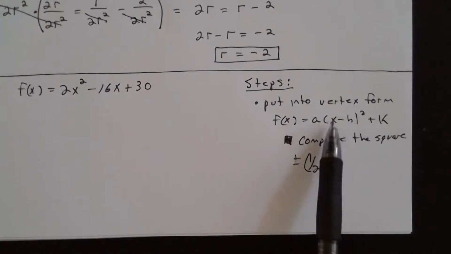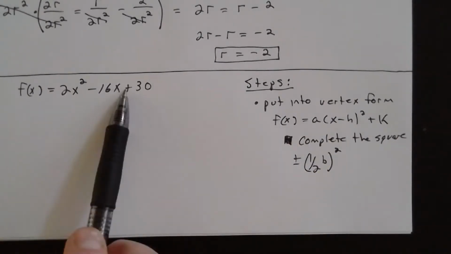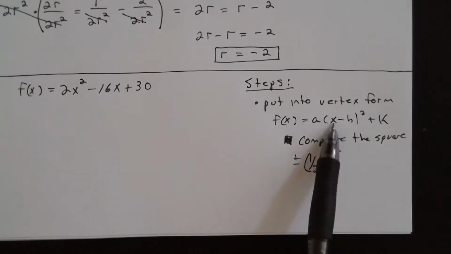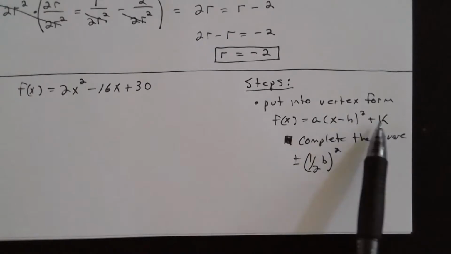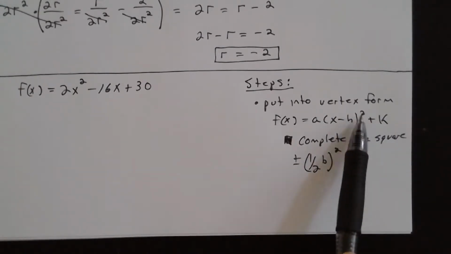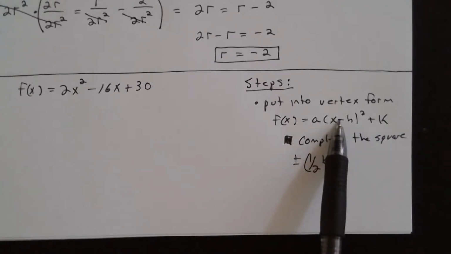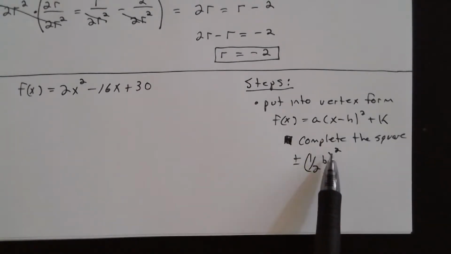We need to transform this into this. This is a perfect square binomial. It's a perfect square, and it's a binomial because it contains two terms. But we have to use complete the square to get that.